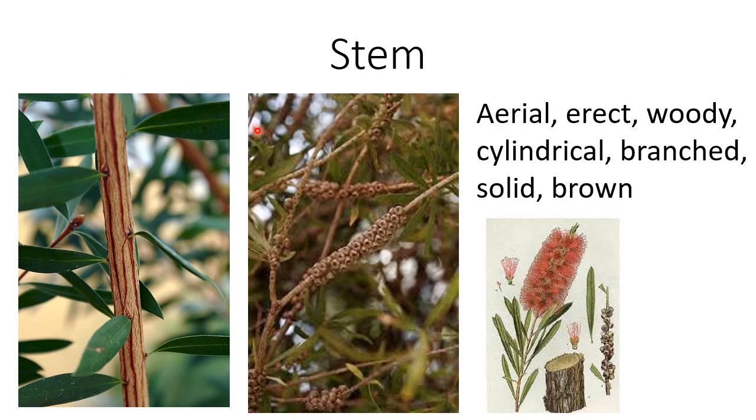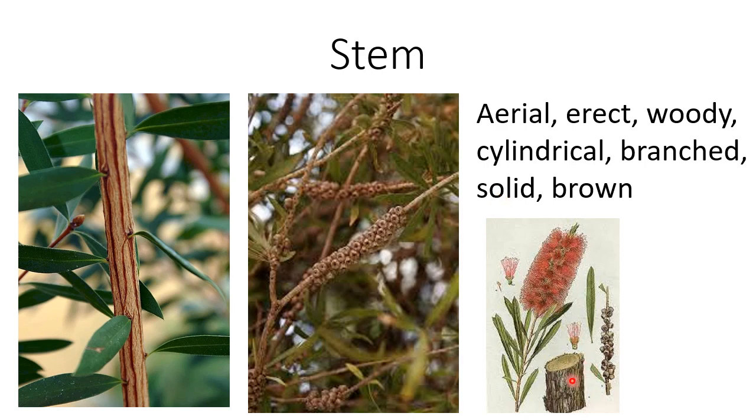Then the description of the stem: it is aerial. Why is this called aerial? Because it grows straight and is strong enough. It is erect as it grows straight. Then woody, here you can see the nature of the stem is woody. Cylindrical, because it is circular. Then it is branched, here you can see small branches.